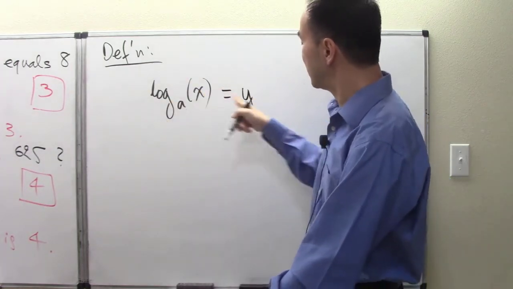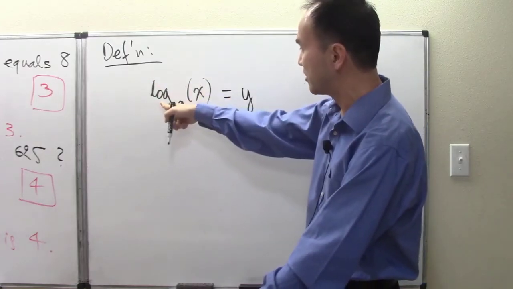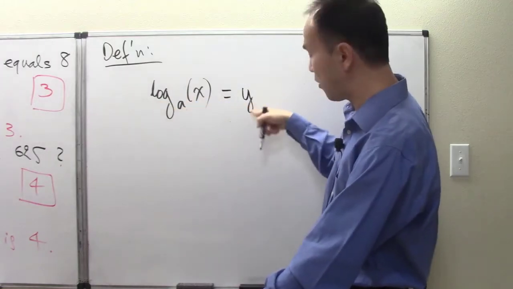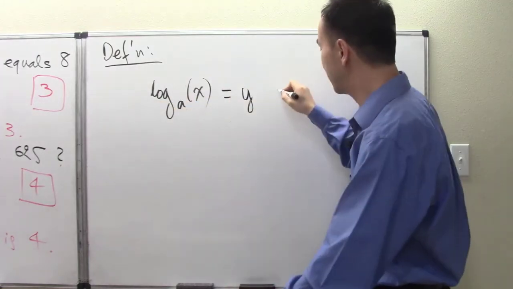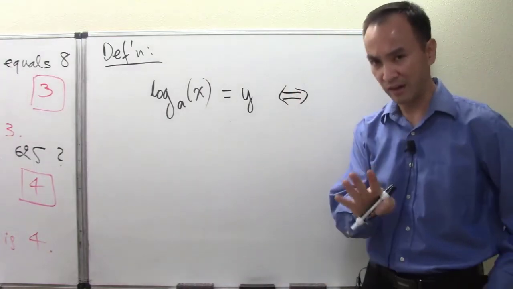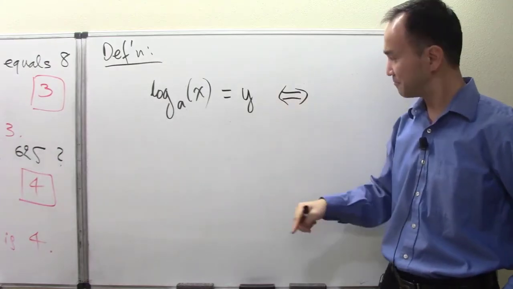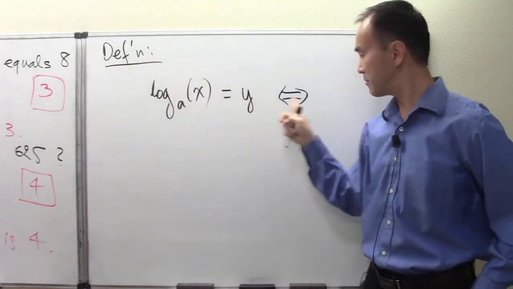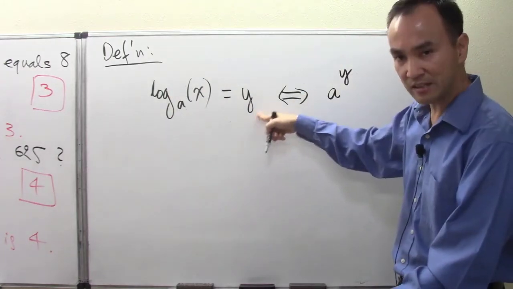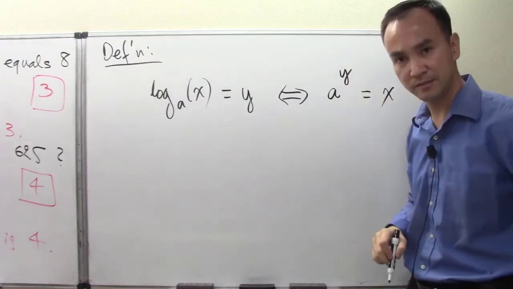So if y is the answer to this question, what power of base a equals x, if y is the answer to that question, that means, so now this double head arrow here, for our level right now, let's take that as means, or exactly means. The answer to that question means base a raised to that value y must equal x.